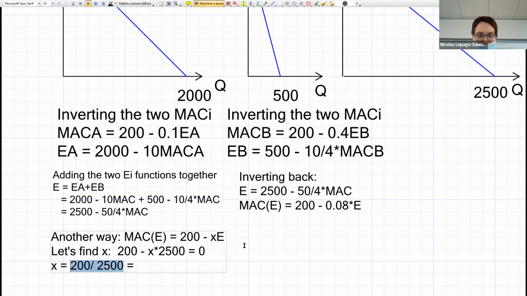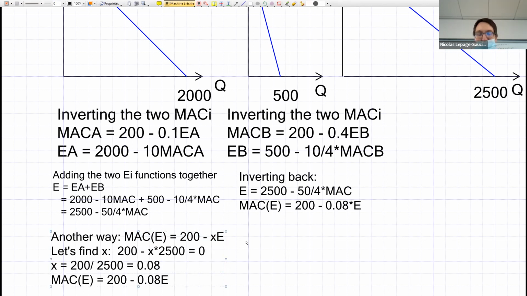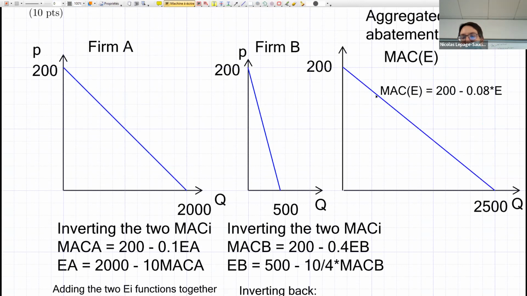Am I dreaming, or is that the same thing? Yeah, I think it is. So that way is fine too. It's actually faster than that way. It helps that if you know the intercept and the intercept, then it's quite easy to do.